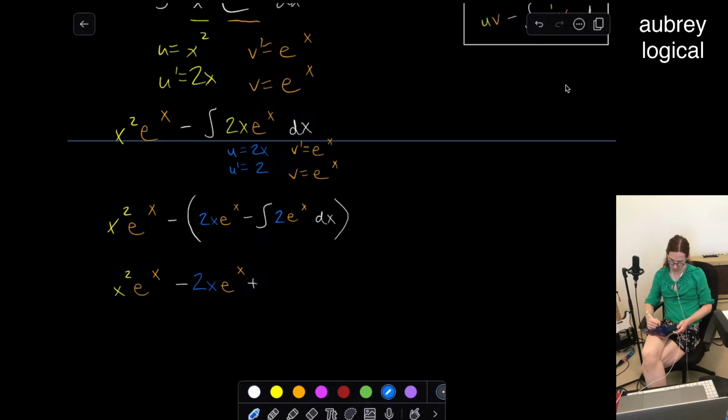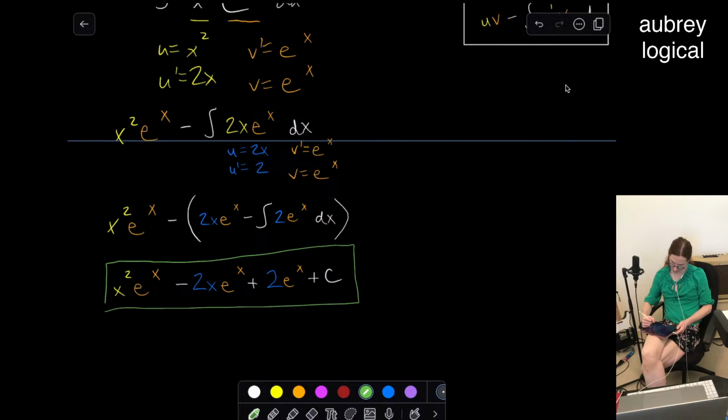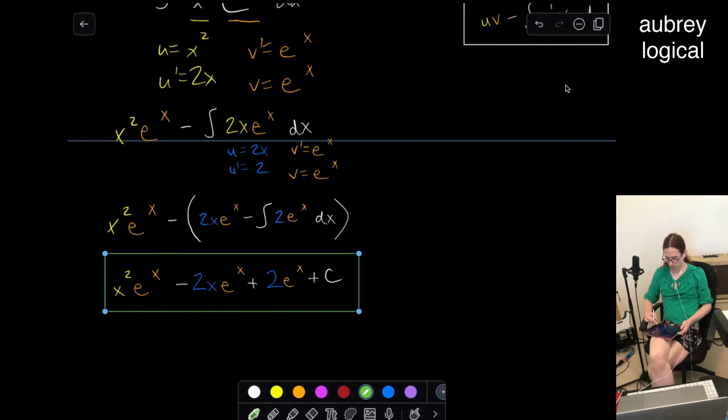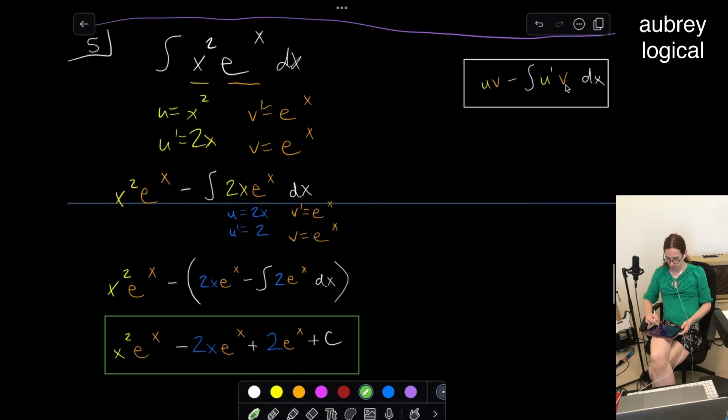And our antiderivative becomes e to the x. Plus c. Moving on.